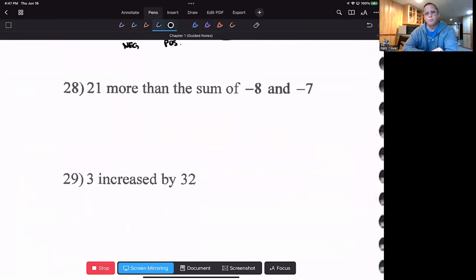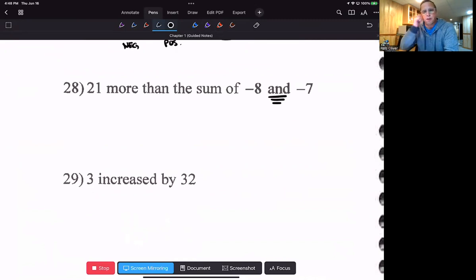All right, moving on to number 28, we've got 21 more than the sum of -8 and -7. The word "and" is a basic conjunction, but it's a good giveaway for parentheses or some type of grouping.